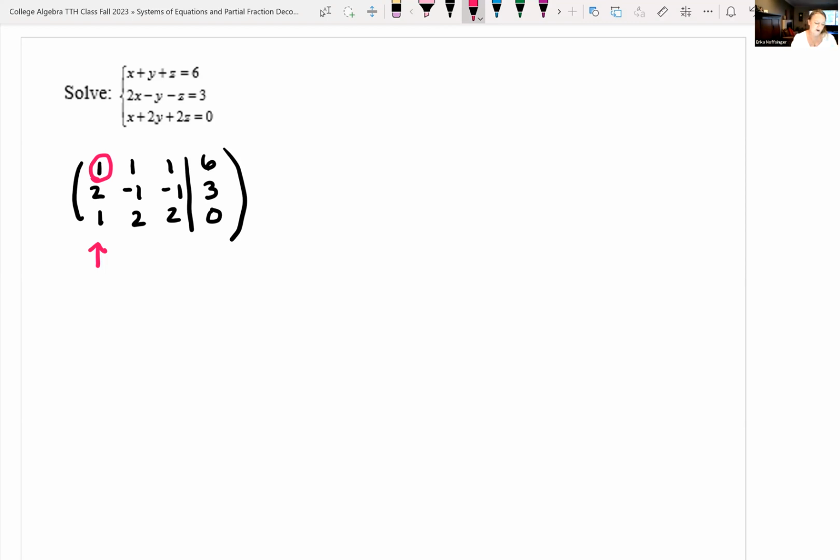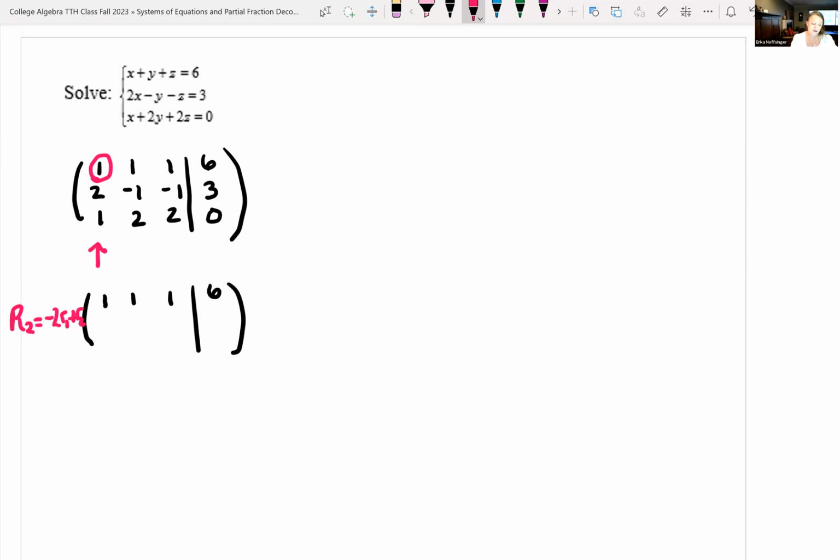So I'm not going to change my row 1. I'm going to keep it the same: 1, 1, 1, and 6. But to get my new row 2, negative 2 times row 1 plus row 2 would get me a 0 where I wanted it.